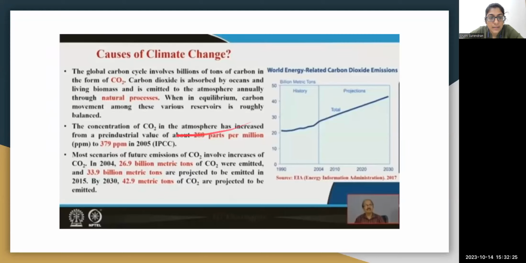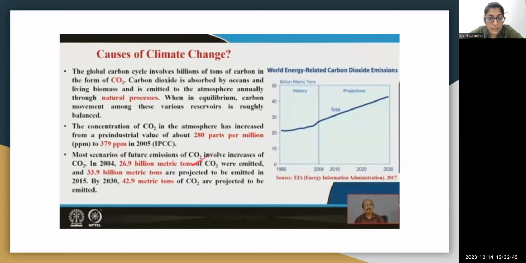So, like I said, the carbon dioxide concentration has increased from the pre-industrial value. In the pre-industrial era, it was 280 parts per million. Parts per million is the measurement unit for carbon dioxide concentration. 1 part per million is equal to 1 milligram per liter.